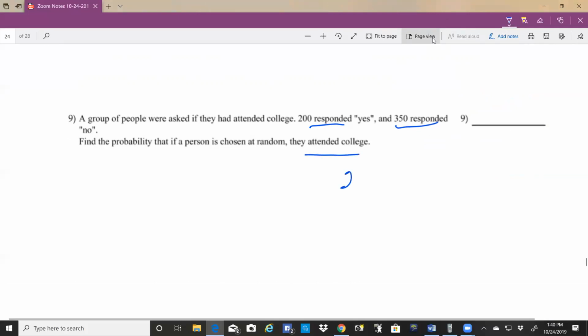Well, it's going to be 200 out of the total of 550. And you can go ahead and reduce that to a fraction or a decimal. I think it's about 0.364.